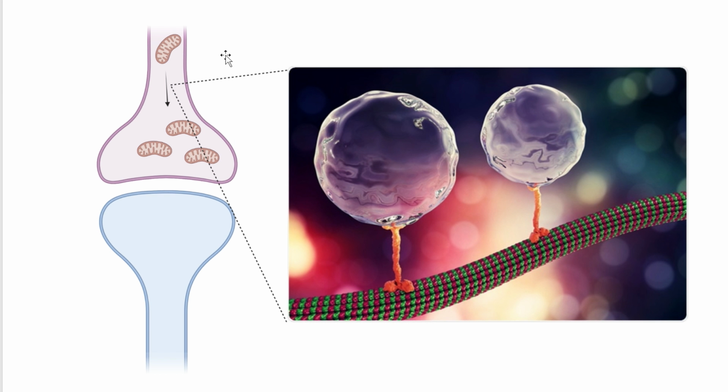So how does that happen? Well, it happens through these proteins known as kinesin and dynein. So again, this is a rudimentary image, but if you were to zoom into this section here of a mitochondria moving down, these aren't mitochondria, they're just vesicles, but it moves through the same process.